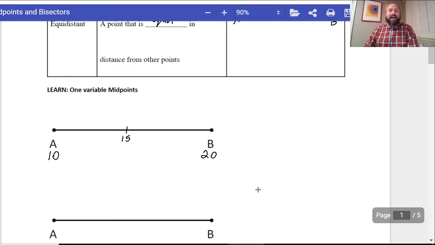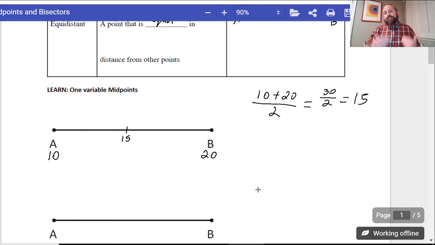But we should understand that we can get that from adding the two numbers and then dividing by 2. This is one number line, so we only have to do this once. So 10 plus 20 divided by 2. 10 plus 20 is 30, divided by 2 is 15. So here's our brief introduction to the midpoint formula.